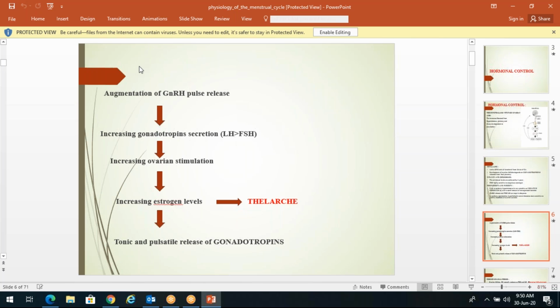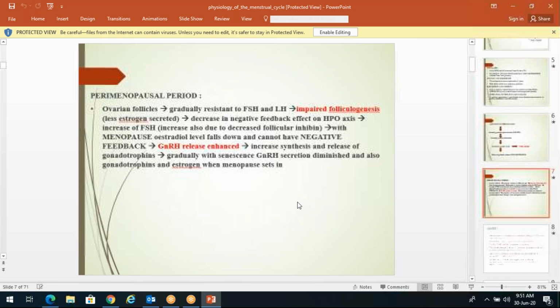Again, due to the feedback effect, there will be tonic and pulsatile release of gonadotropins. With the increase of estrogen levels, there is thelarche. What is thelarche? Thelarche is nothing other than breast development. So with increasing estrogen levels, the female child will have breast development. That is one of the secondary sexual characters.